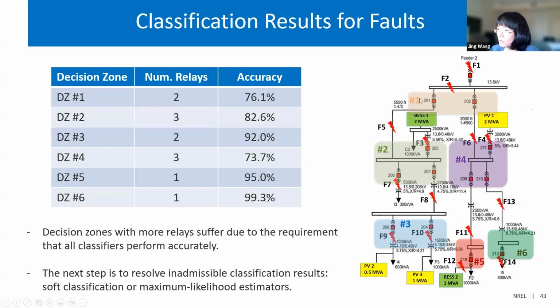Every check needs to go through them. So this is our future direction as well. Apart from improving the classification accuracy, the zone 1 classifier is the most critical one that we will work on.